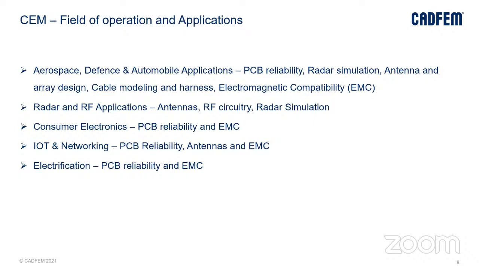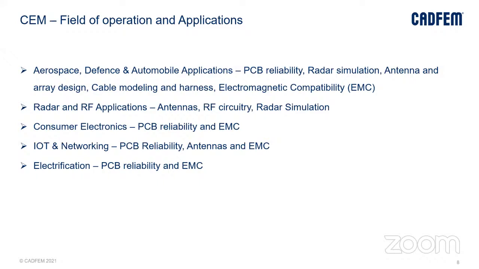Some of the applications for computational electromagnetics and fields of operation would be, in the case of aerospace, defense or automobile applications, a PCB is necessary to mount any electronic component. So hence PCB reliability is necessary. And in aerospace and defense, radar is necessary to detect targets, and hence radar simulation can be important.